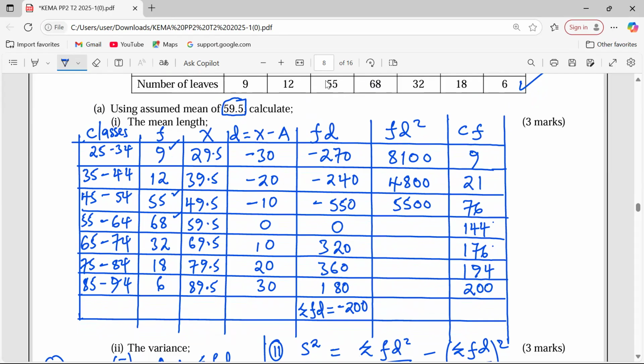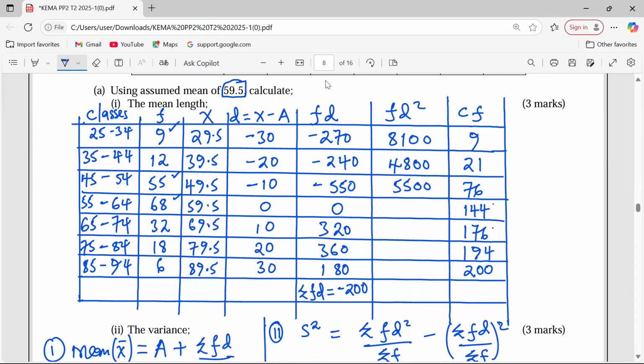After that, let's talk about deviation is 0. So 68 by 0 squared, it will just be 0. Then 32 by 10 squared, and that will give us 3200. Then the other one is 18 and 20 squared. That's giving us 7200.